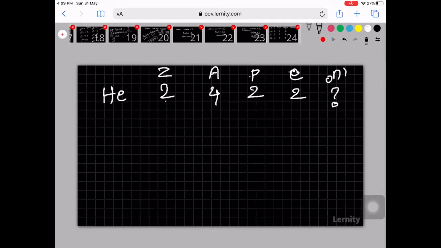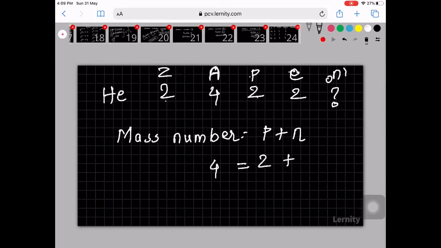The mass number is represented with the symbol A. Mass number is equal to number of protons plus number of neutrons. So if mass number of an atom is 4, and I already know the atomic number is 2, the number of neutrons will also be equal to 2.